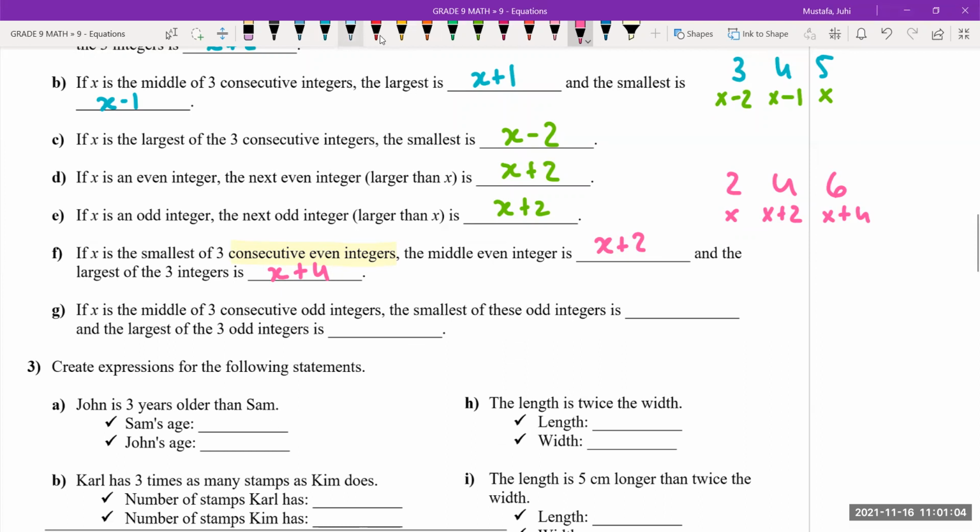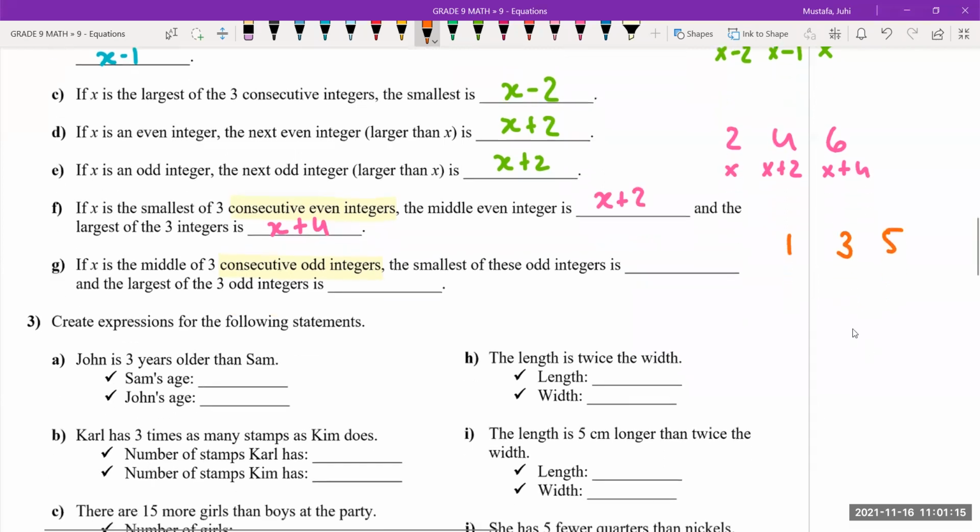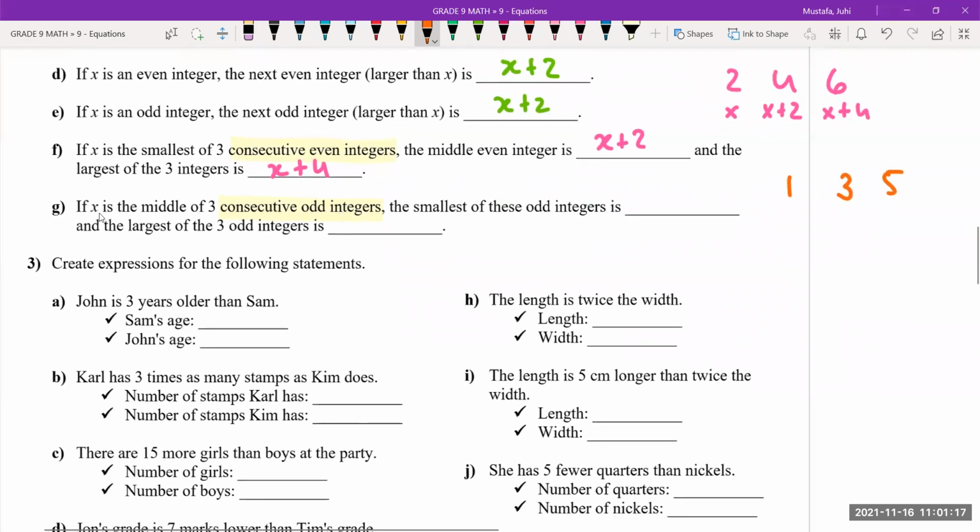For this last example, we're talking about odd integers. So we're talking about consecutive odd integers, which are 1, 3, and 5. Obviously, you can use any examples, but just use the smallest ones to help. So it says if x is the middle, so we're going to call the 3 the x. Let's think about this. What will the 5 be? x plus 2.